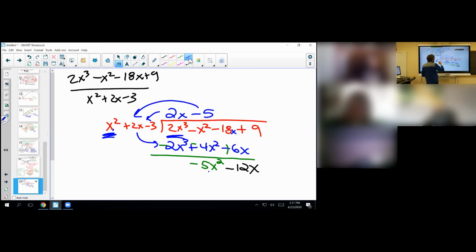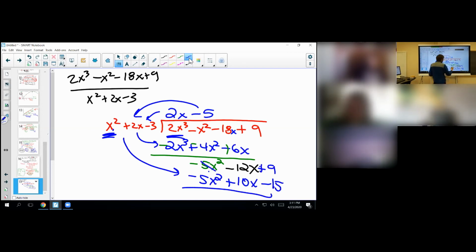And basically at this point I can stop because once these cancel, I'm just going to be left with terms that are too small for x squared to go into. So everything that's left is a remainder. So here is actually my answer: y is equal to 2x minus 5. Because this is a slanted line, this is a slant asymptote.